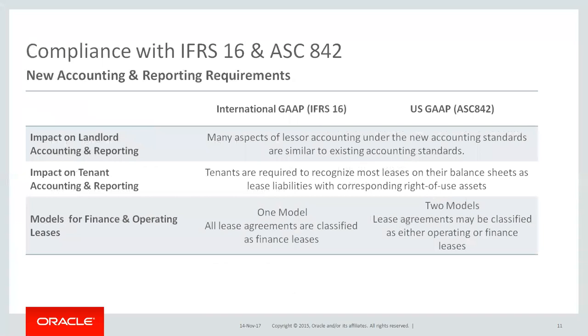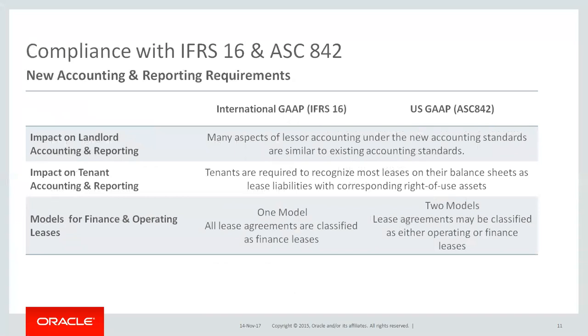So briefly talking about the differences that still remain between the IFRS and the US GAAP as far as the tenant accounting is concerned. On the landlord, as I said, mostly the impacts are very minimal. So that is why that is not the focus of this particular session.